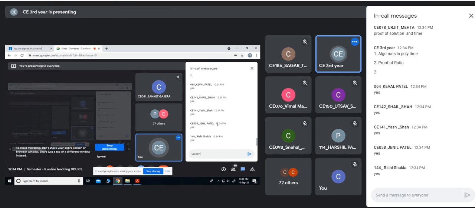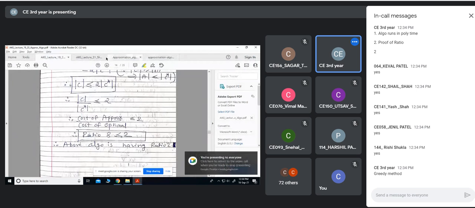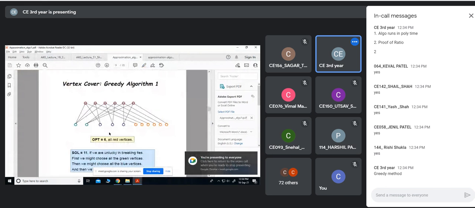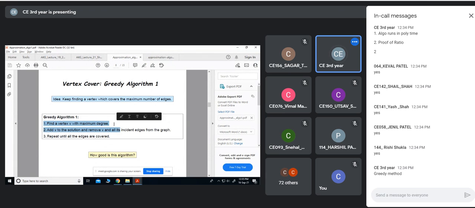Now pay one more attention. The greedy method that we discussed, what's the problem with that? Let me give you one example. This is the greedy algorithm that one student told me.